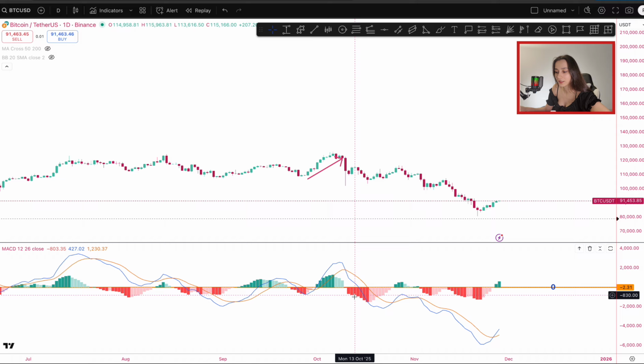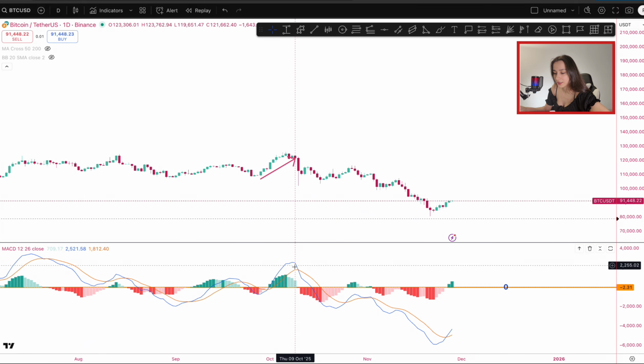And there are also candles under this zero line. When you see this cross down, and when you see the lines turn under this line, you can expect a drop over there.